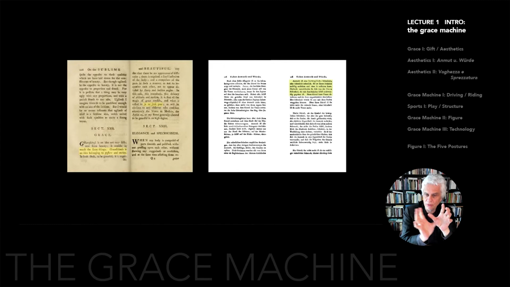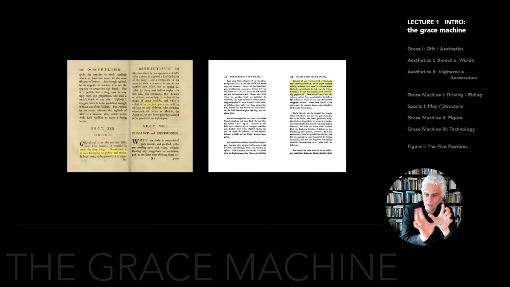Now, what's interesting is that in Edmund Burke, what's that, the 1740s, which is about the inquiry on the beautiful and the sublime, there's just a super small paragraph on grace, right? It's just between delicacy and sympathy and spontaneity and all.